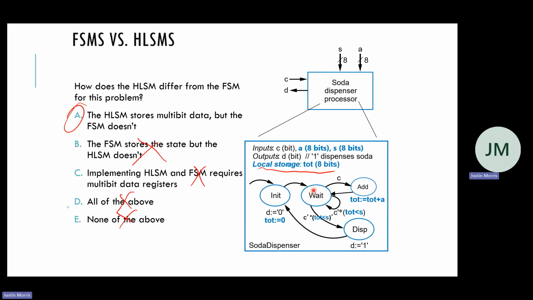And then in wait, if we have that total is less than S, which is our cost of the soda, and we don't have a coin, then this should be total is greater than S, not less than.